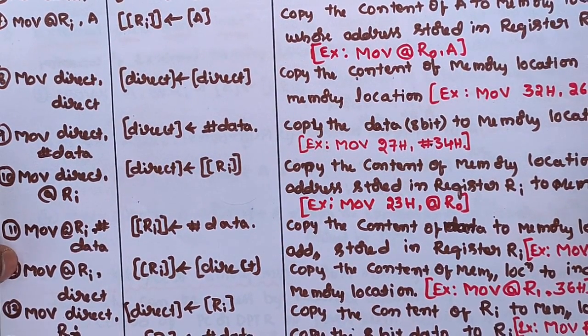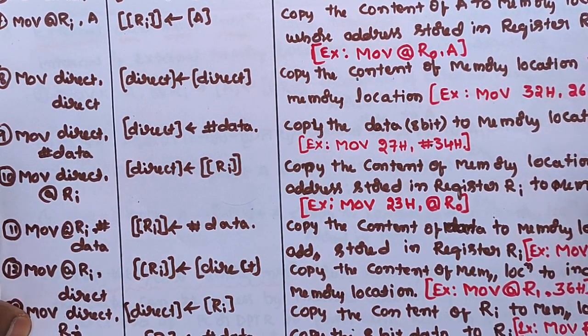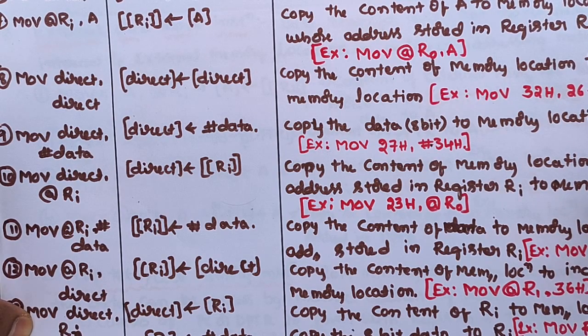In this move and transfer instruction, one thing we need to notice is that register to register transfer is not possible in 8051. Therefore we can't transfer Ri to Ri. MOV Ri to Ri is not possible.